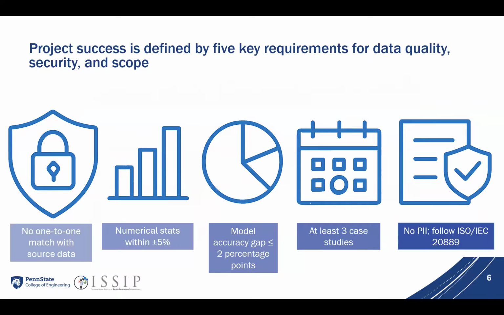Second, for data quality, the numerical statistics of the synthetic data, like means of key columns, must stay within plus or minus 5% of real data. Third, for utility, any model trained on synthetic data has to be within 2 percentage points of the accuracy achieved on real data. Finally, in terms of scope, the tool must support at least 3 case studies in healthcare, education, and agriculture.